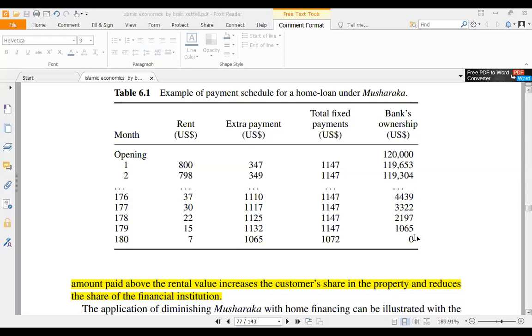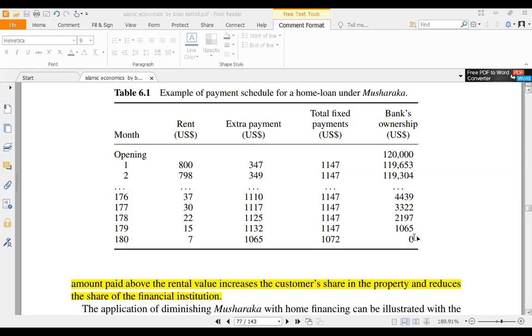Finally, the final ownership will be transferred to the customer, and after the transfer of final ownership, the customer will be the sole owner of the home.